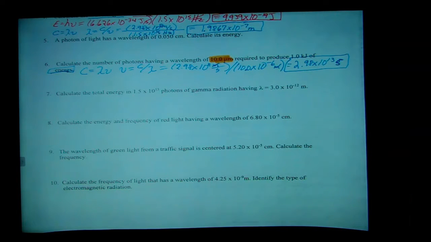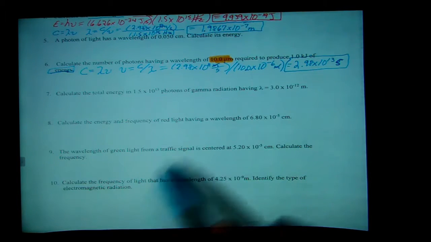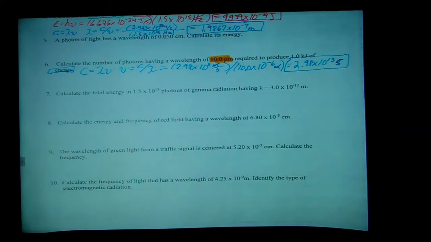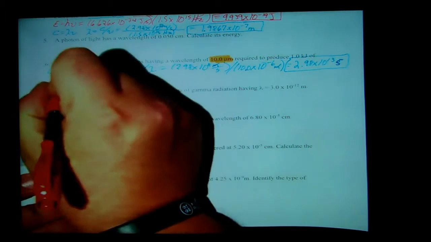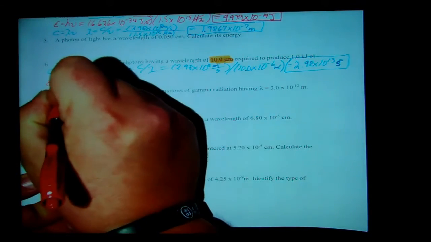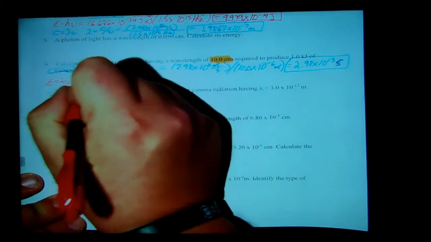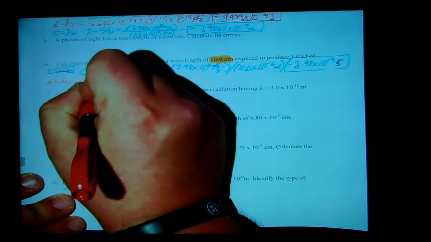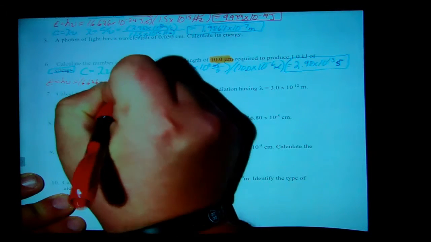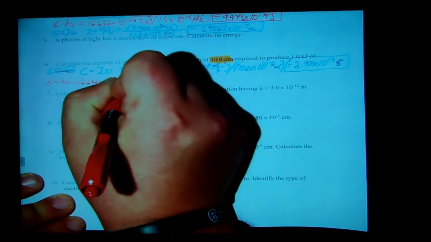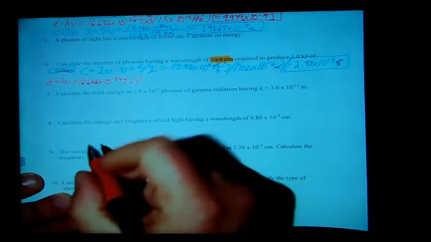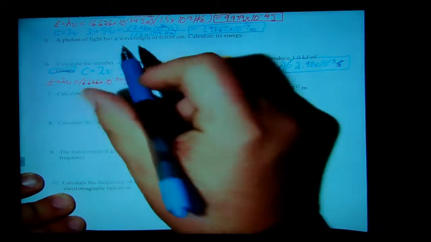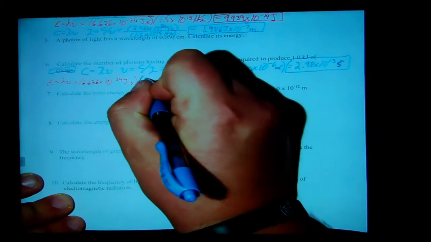Now in this, we need to calculate the energy for one of these photons. So energy equals Planck's constant times frequency, just 6.626 times 10 to the negative 34. Let's do it this way so you don't freak out and know where the numbers came from.